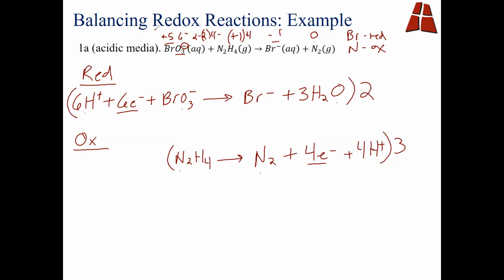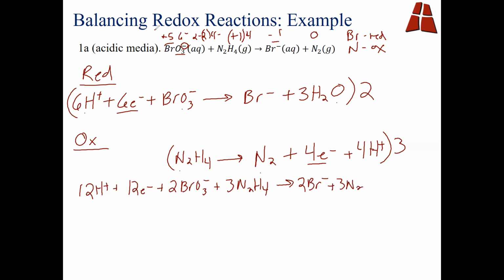Okay, and so if we recombine them, we should get something like 12H plus, 12 electrons, plus 2BrO3 minus, plus 3N2H4, and that produces 2Br minus, 3N2, and then 12 protons, 12H plus.